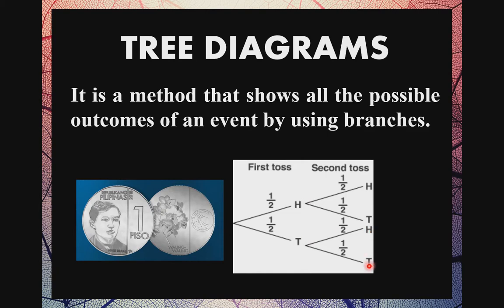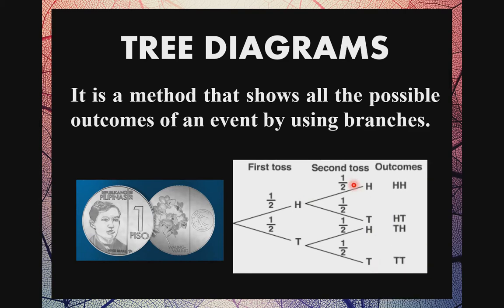As you can see, the half chance is halved again. And these are the possible combinations or arrangements of our outcomes. So it can be head-head on the first and second toss, head-tail, tail-head, and tail-tail.